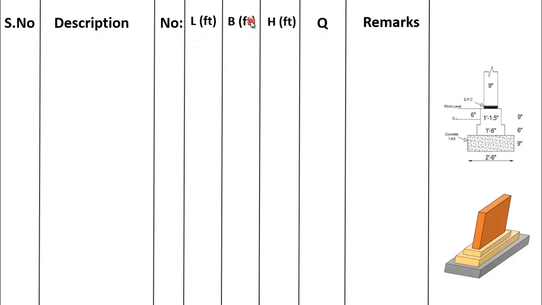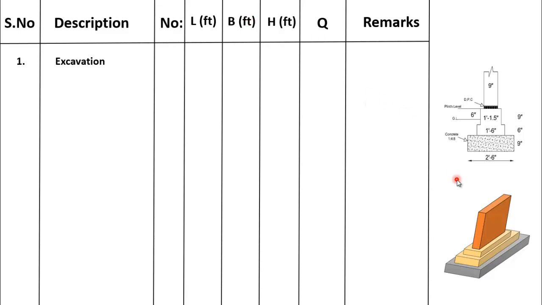The first item of work is excavation or earthwork. Here we have just one wall, so the number of excavation work is just 1. As I have already discussed, we will calculate the length of each step. So the length of each portion will be equal to 20 feet, which is the length of the upper portion of the wall, plus the width of the work which you are going to calculate.